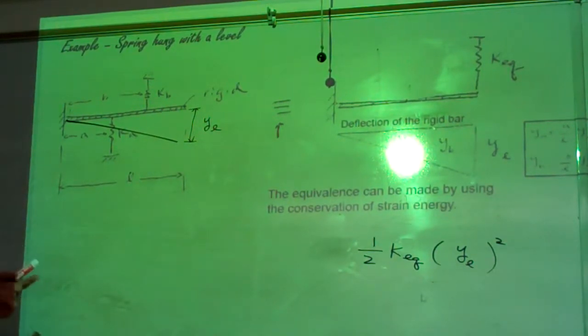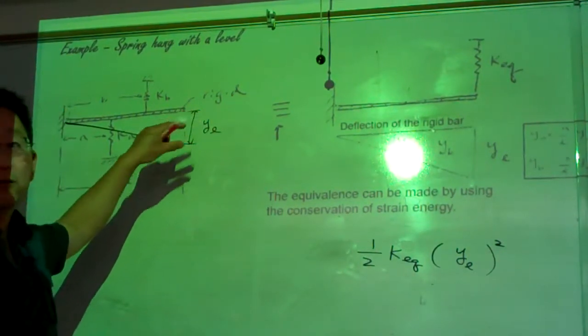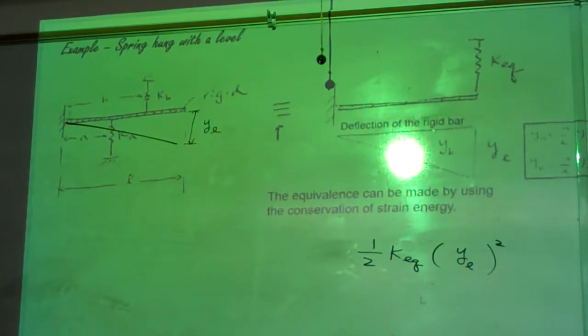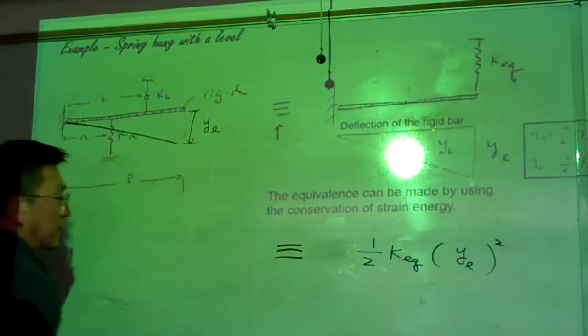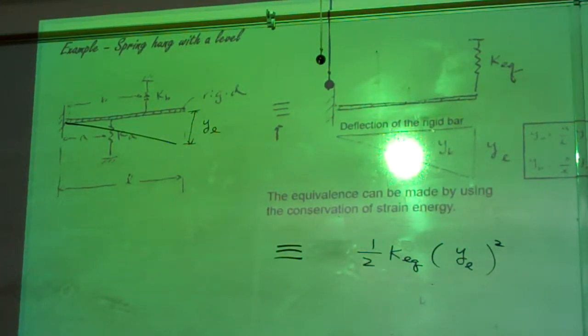For the equivalent system, under the same loading and the same deformation, the total strain energy must be equal in the two systems. For this system, the strain energy is stored in springs. How many springs? We have two springs.